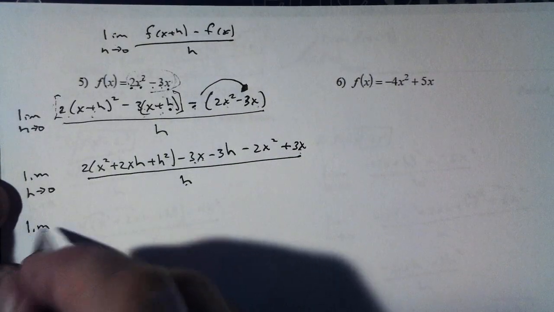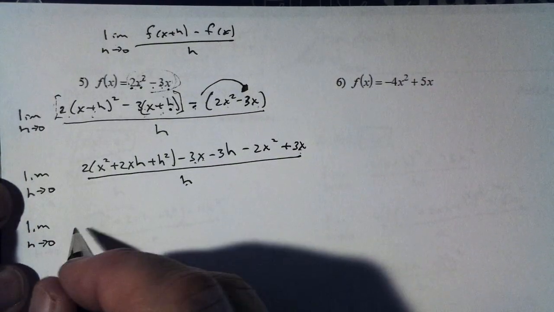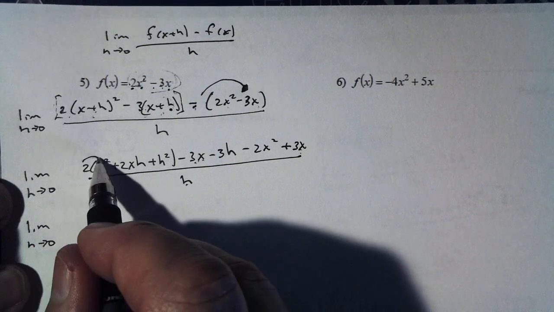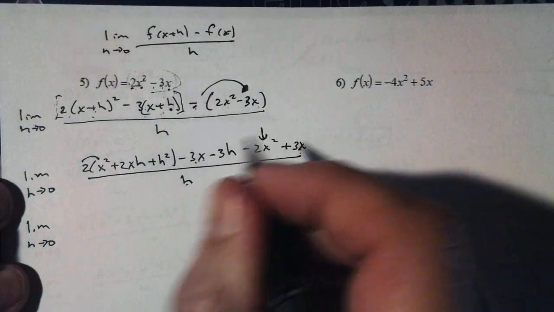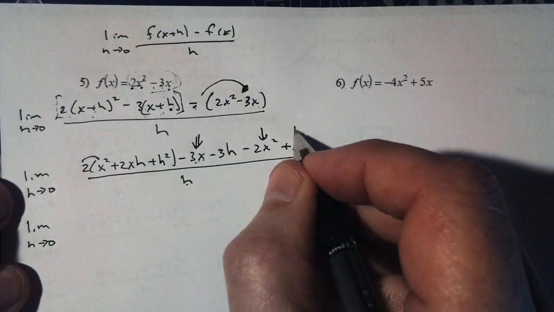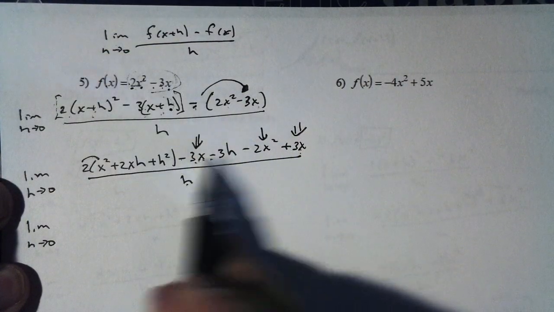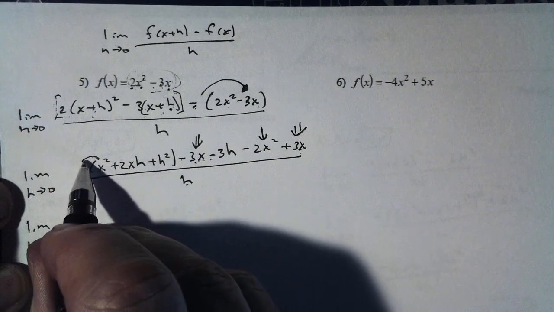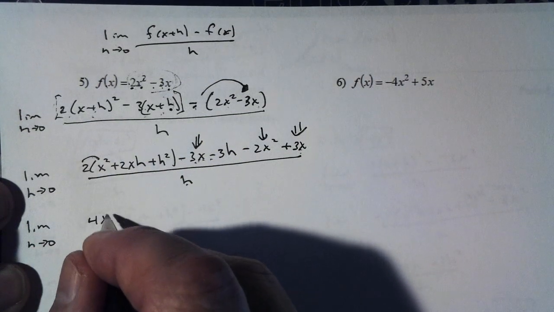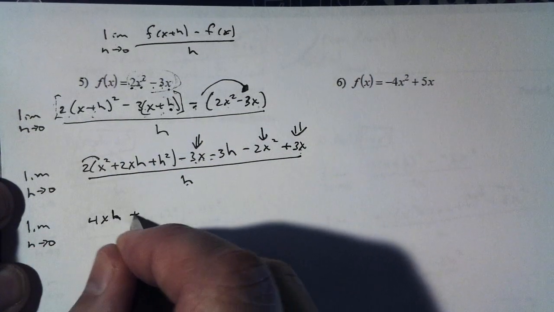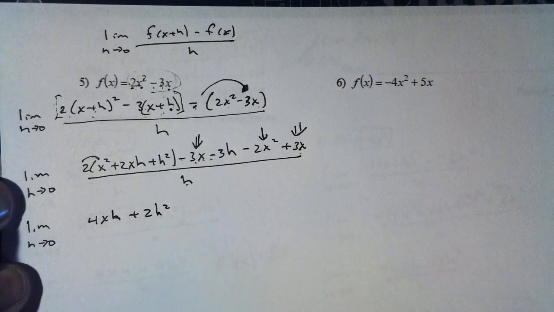All right, limit as h approaches 0. 2x squared, magic. The non-h terms should get wiped out. Distribute here, I get 4xh plus 2h squared.